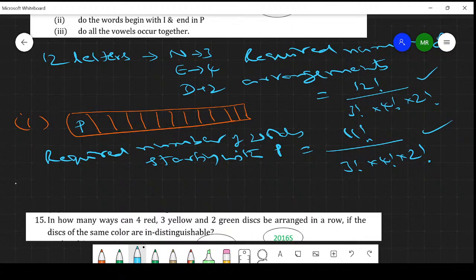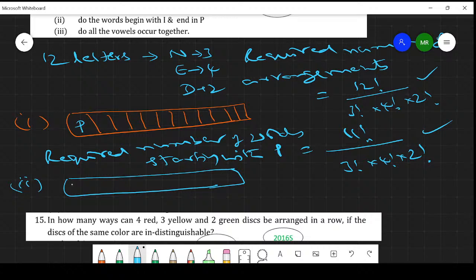So, I am doing the second one now. You can fix 1, 2, 3, 4, 5, 6, 7, 8, 9, 10, and then 11, 12.